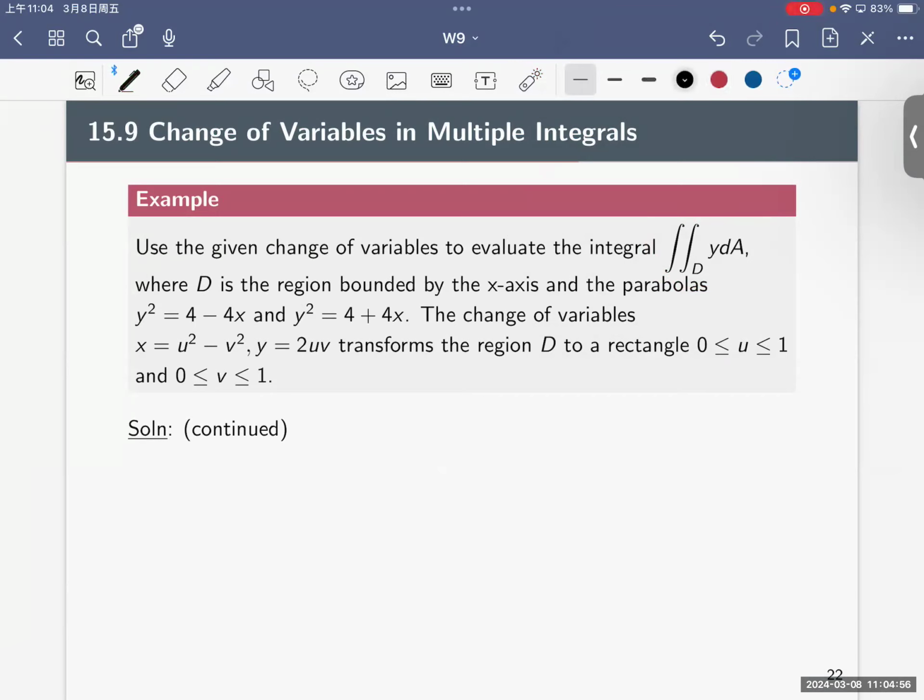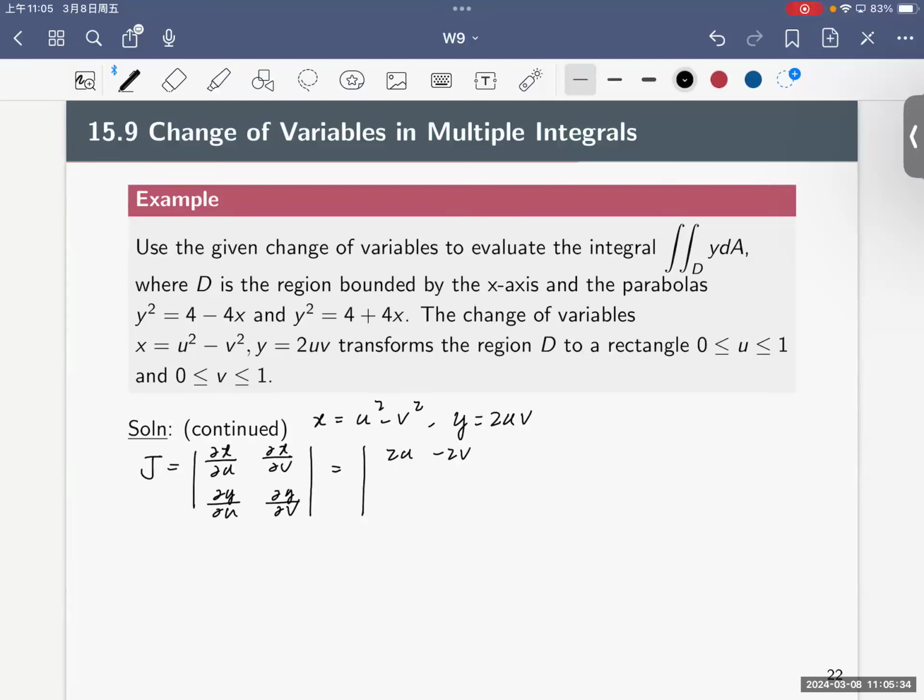So we have x equal to u squared minus v squared, y equal to 2uv, right? Like we said, first we need to find the Jacobian. The Jacobian is partial x partial u, partial x partial v, partial y partial u, partial y partial v. So the first row, partial x partial u, it is 2u. Partial x partial v is negative 2v.